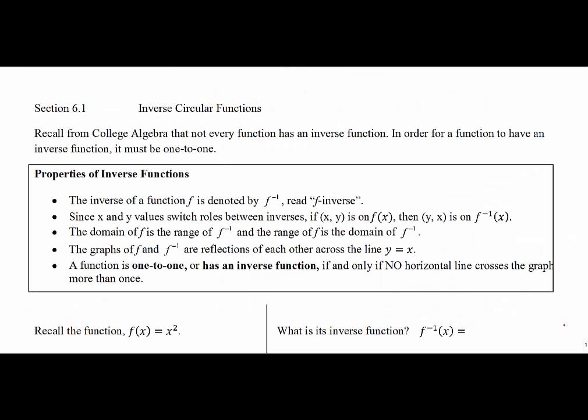In order to answer that question, we need to first recall from algebra what a function is. From college algebra, remember that for a function, if I put one x value in, I only get one y value out. So there's only one answer for every input. And that's a function.